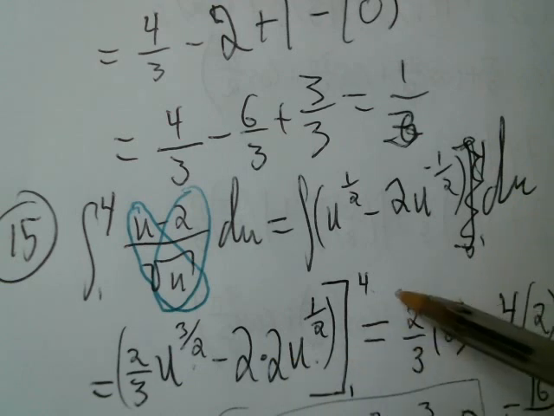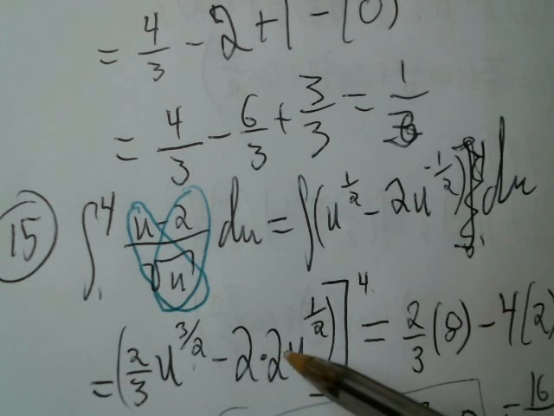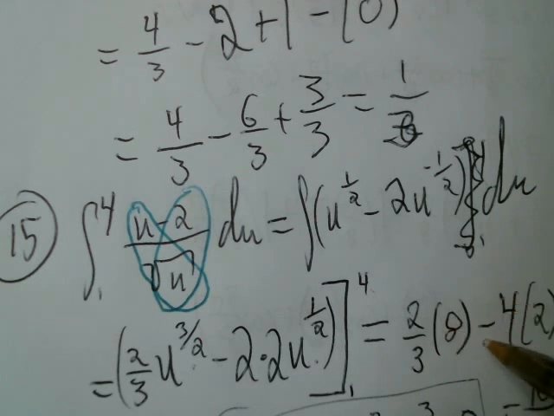So plug in 4 to the 1/2 is 2, and then that's 8. 4 to the 1/2 is 2. 2 times 2 is 4, times 2 is another 8, minus 2/3 minus 4. So this is 16/3 minus 8 minus 2/3, which is 14/3. I don't see what I did wrong.